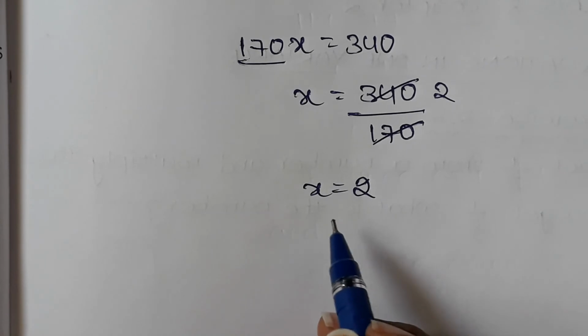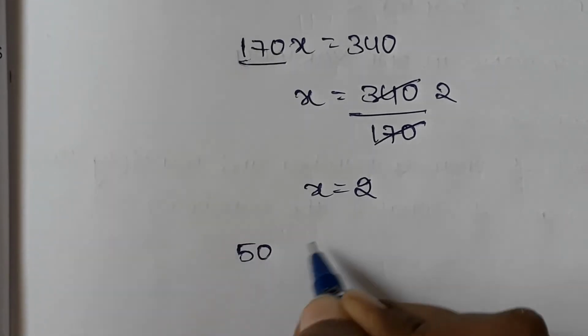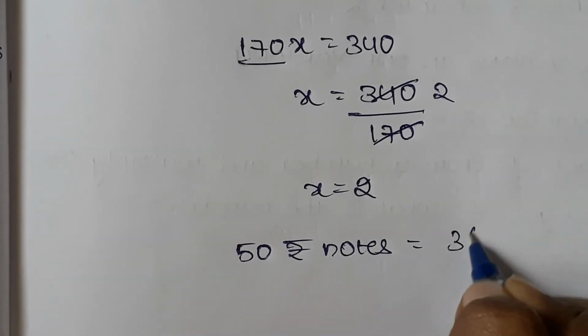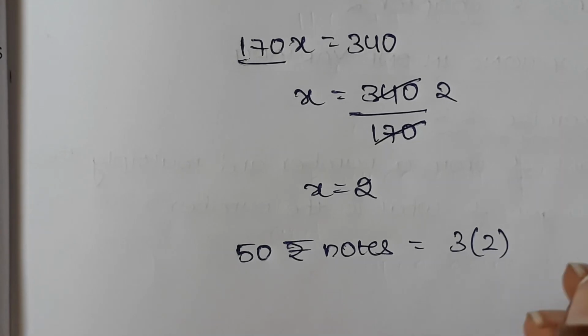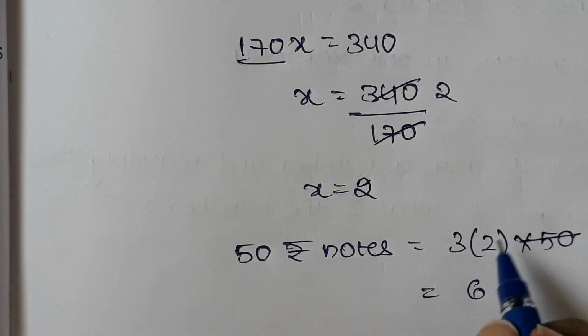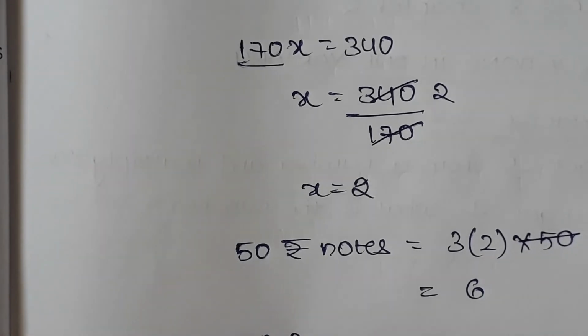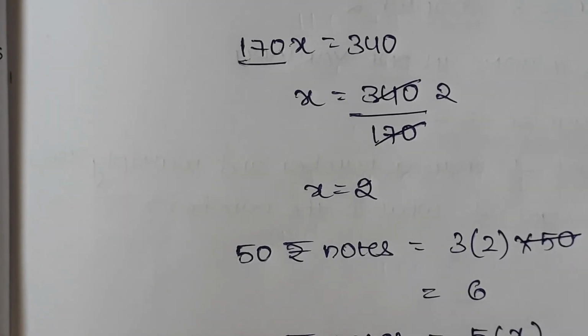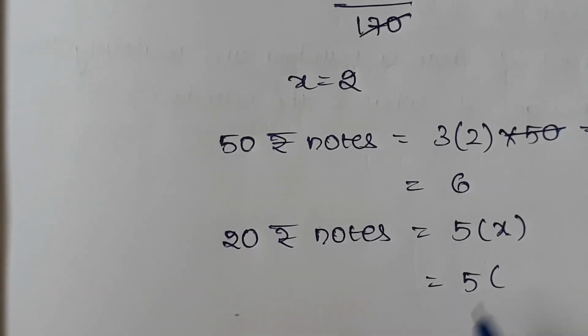And here x equals to 2 is nothing but 50 rupee notes she has of 3 into 2, that is 6. And now 20 rupee notes is 5x, that is x is nothing but 2, that is 5 into 2 equals to 10.